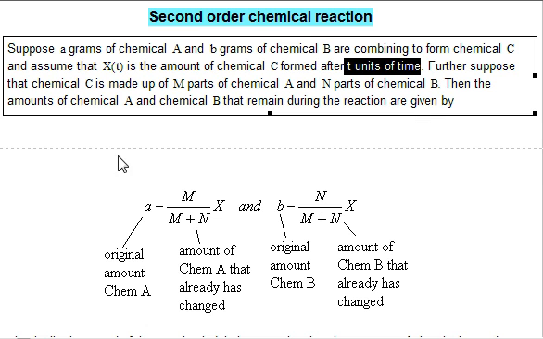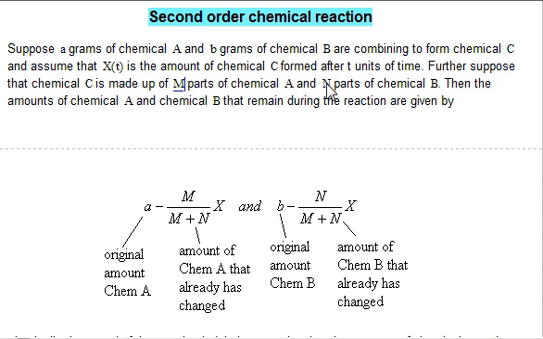So, we've got a pile of chemical A, we've got a pile of chemical B, and some of this goes together to make chemical C, and chemical C, I'm calling that X of T. And suppose chemical C is made up of M parts of chemical A and N parts of chemical B. They might not be in perfect ratio.